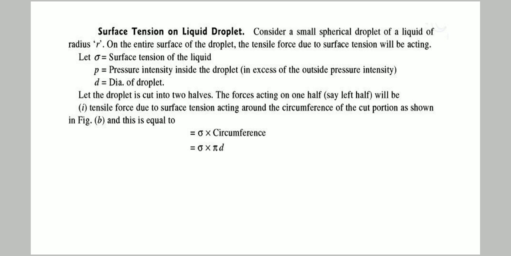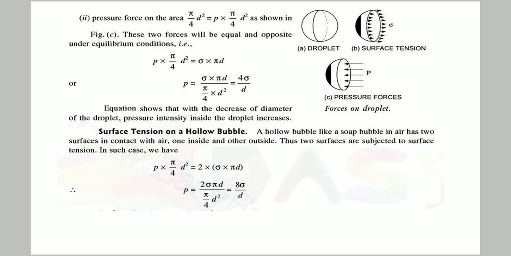The force acting on it will be the tensile force due to surface tension. This surface tension acts circumferentially on the cut portion. To get the tensile force, we multiply sigma, the surface tension, by the circumference, pi d. The next force acting is the pressure force on the area pi d square by 4, that is the whole circle.